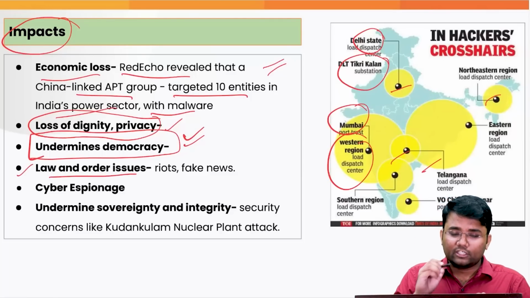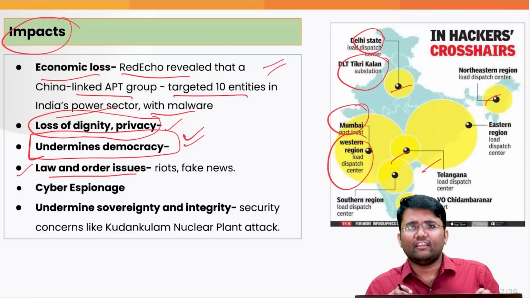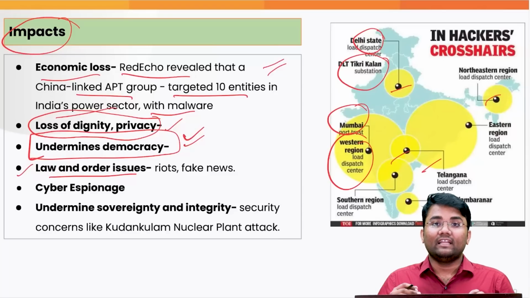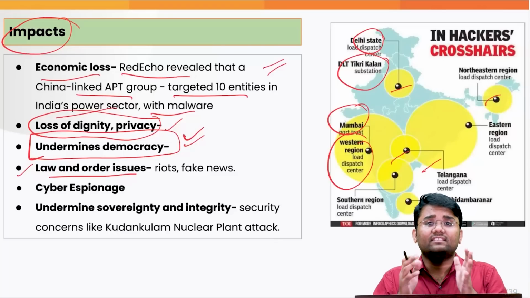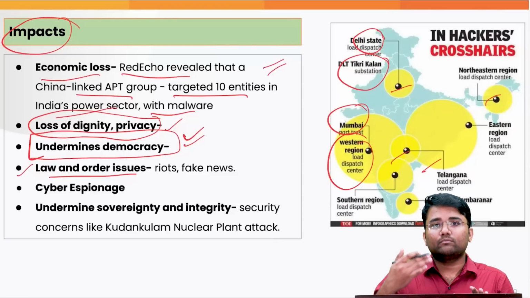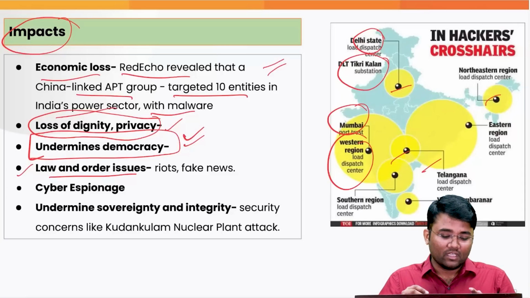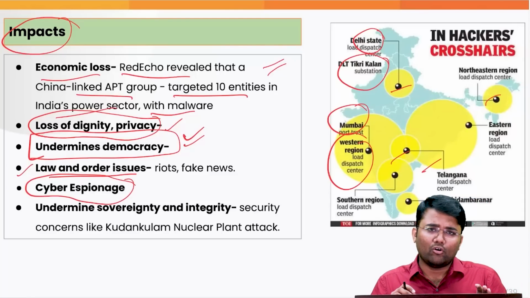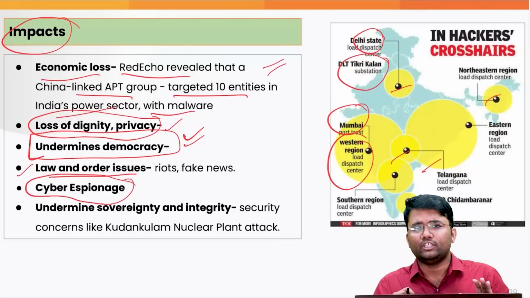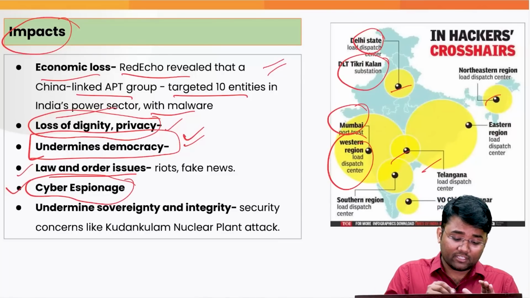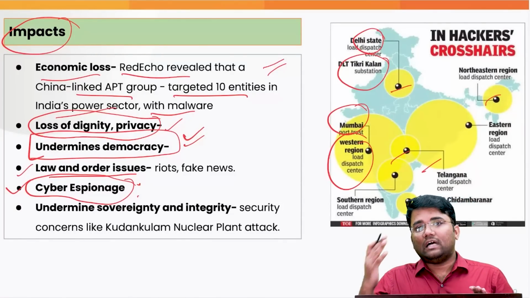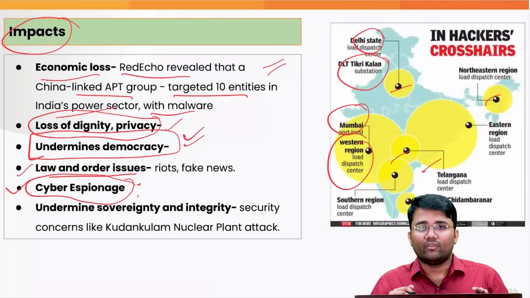Then the law and order issues that it can create. For example, if fake news or a deepfake video is circulated that disrupts religious harmony, that may create communal tension and law and order issues. Also cyber espionage. Here there are various government as well as privately funded institutes and individuals who are running cyber espionage to disturb the harmony, sovereignty and integrity of India.